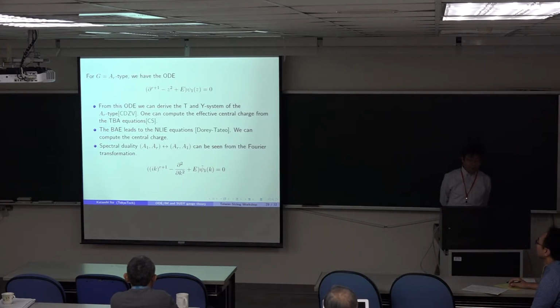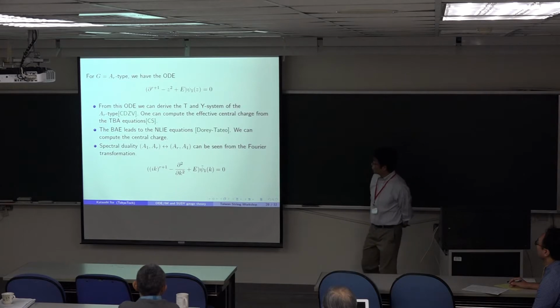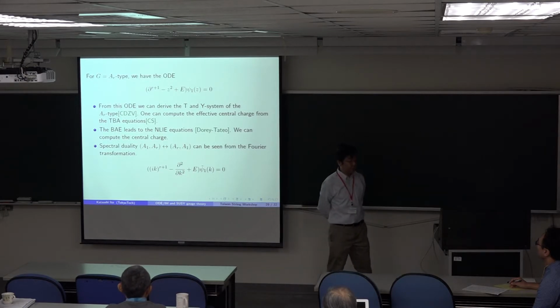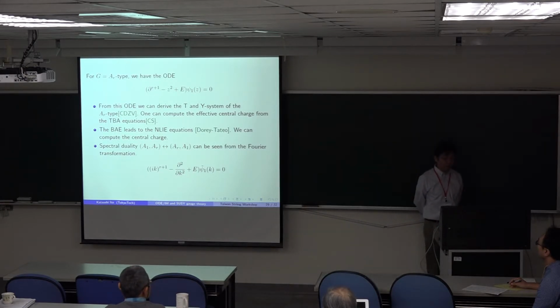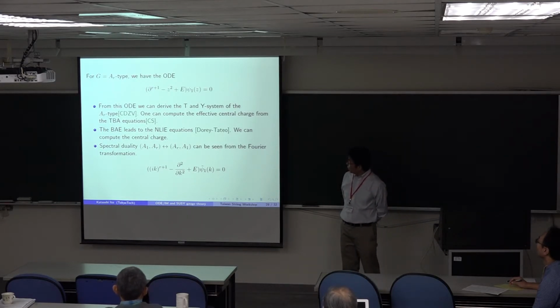And one can compute the effective central charge from the Y system and the T-wave equations. I will show it in the next slide, but this actually agrees with that calculated by Kol-Tova-Mushra. This was also supported from another approach, the nonlinear integral equations approach. So we can compute the same central charge.